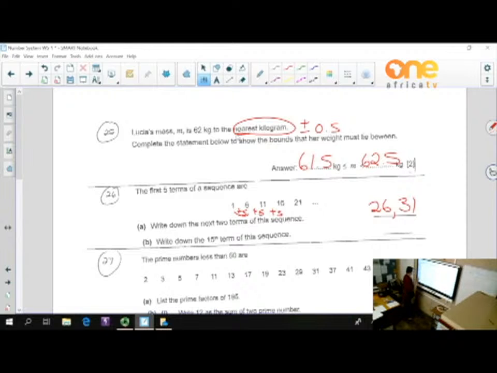Now, remember we spoke about this formula: a plus (n minus 1)d. This is the formula that we can use here because we add. So, what is a? a is the first term, which is 1, plus (n minus 1). n stands for any number.